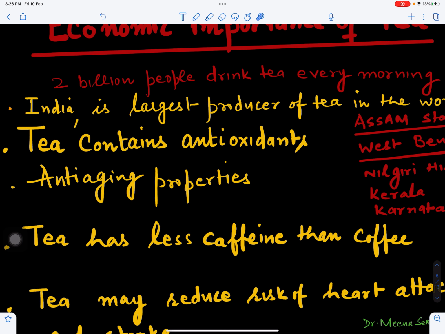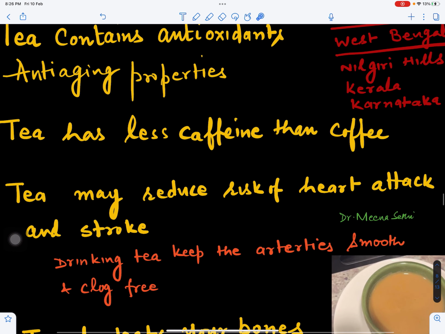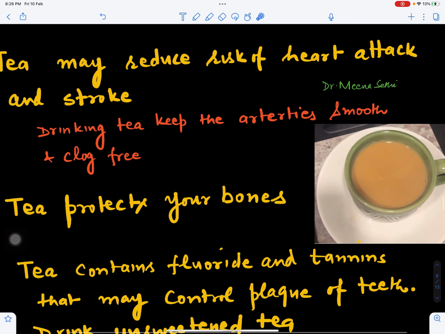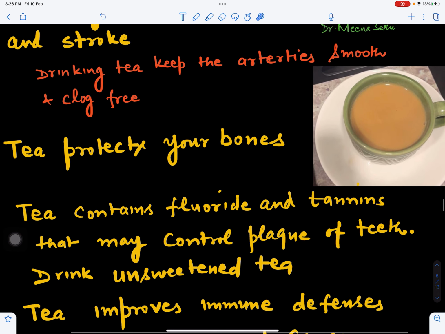Tea is rich in antioxidants, so this has anti-aging properties. Tea has less caffeine than coffee. If you take coffee and feel jittery, then you can switch to tea because it has less caffeine. Tea may reduce risk of heart attack and strokes. Drinking tea keeps the arteries smooth and clog free. Tea also helps in protection of the bones.